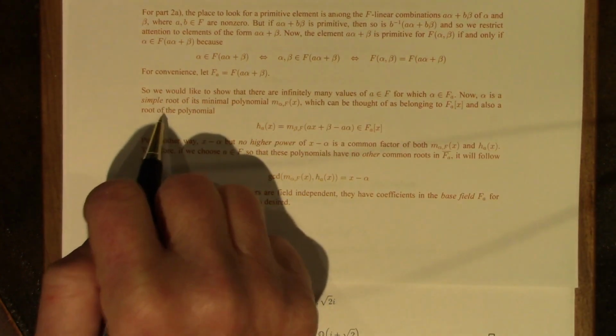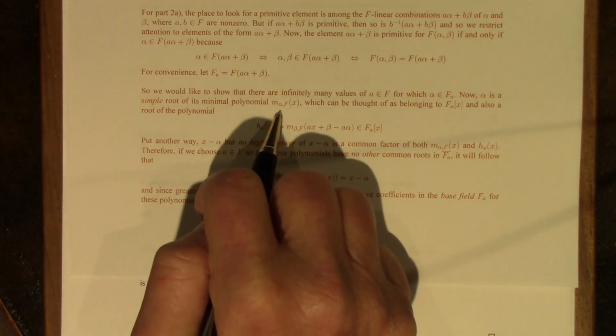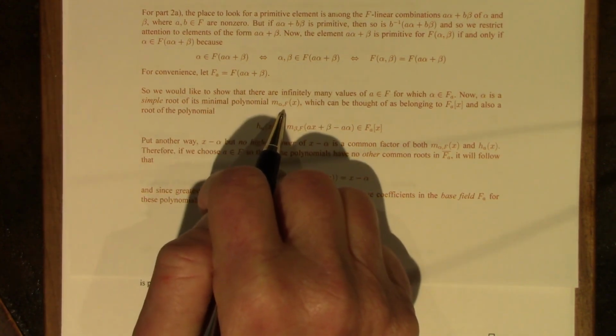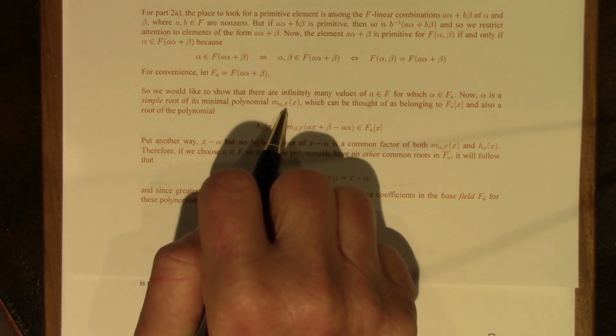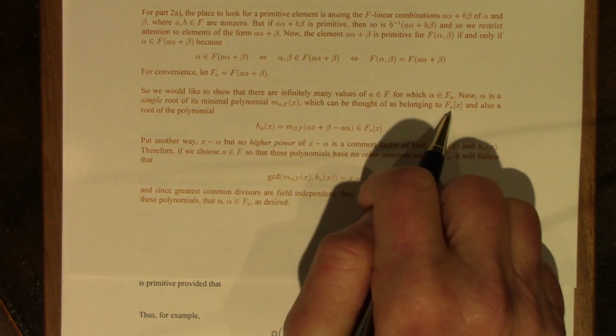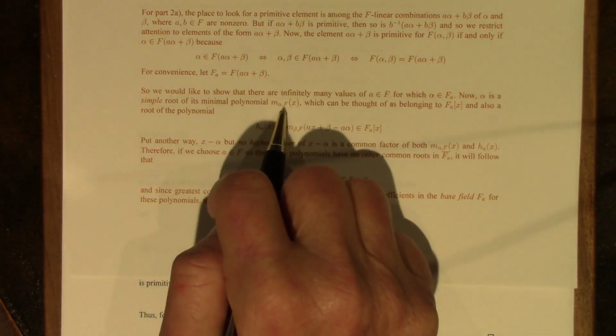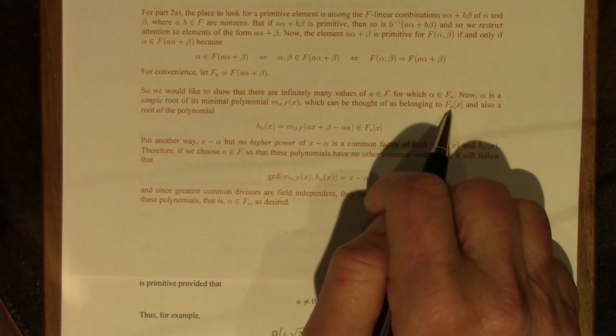Now alpha is a simple root of its minimal polynomial because we're assuming alpha is separable. And instead of thinking of this polynomial as having base field F, we are free to choose a base field that contains F, so we'll choose F sub a. So this we'll think of as a polynomial over F sub a, and you'll see why in just a moment.